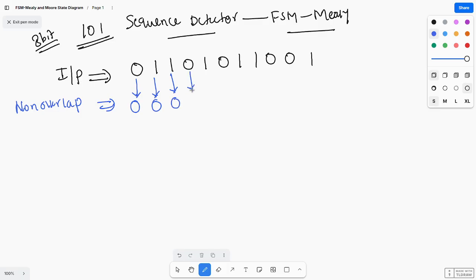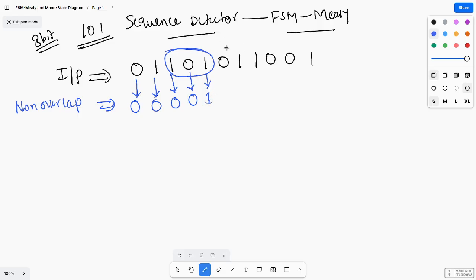Again 1 1 0, not detected, output is 0. And here 1 0 1, the sequence is detected. In a Mealy machine it responds immediately. So I got 1 0 1, the output becomes 1, and next it will start freshly.